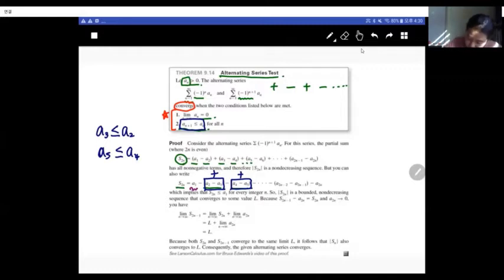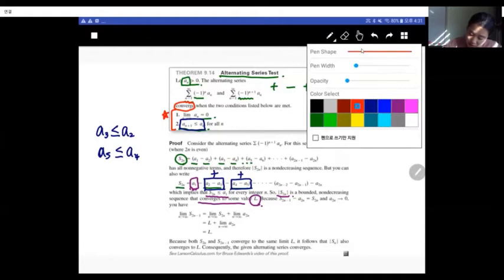Which implies S_2n is less than a1, because I have a1 and I keep subtracting something positive. So S_2n must be less than or equal to a1. That means S_2n is bounded, so it converges to some value L. I'm going to change the color to red.